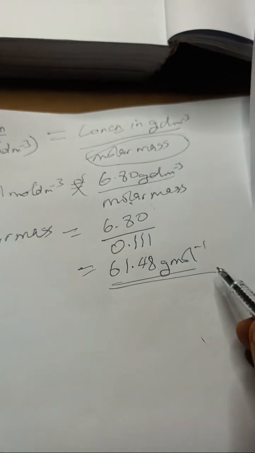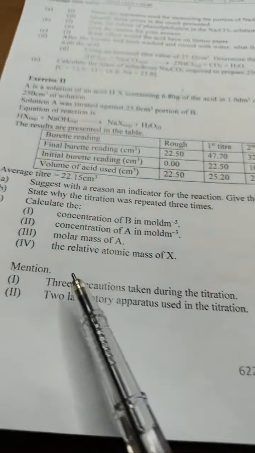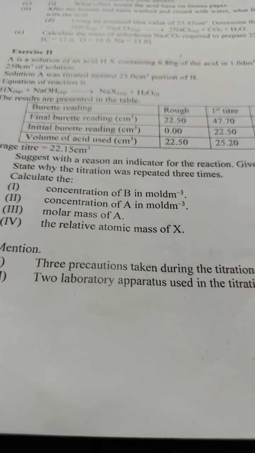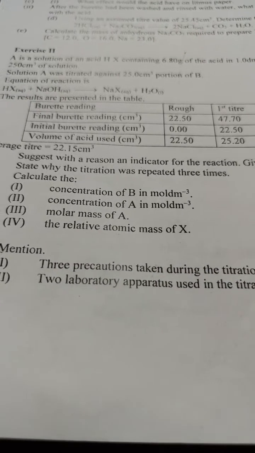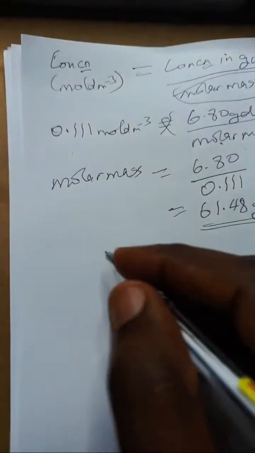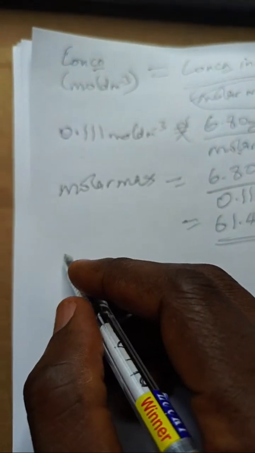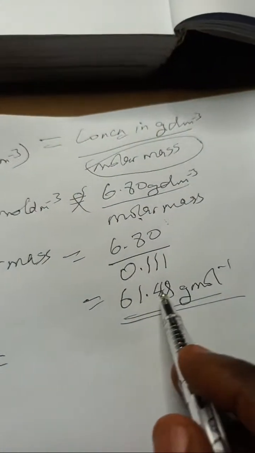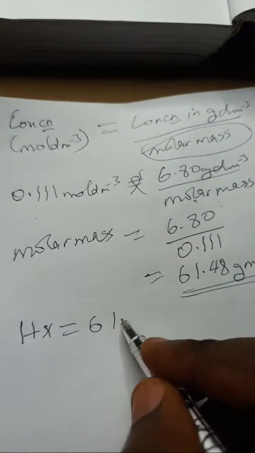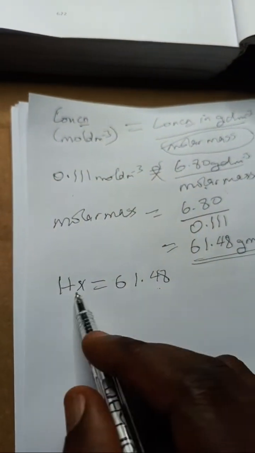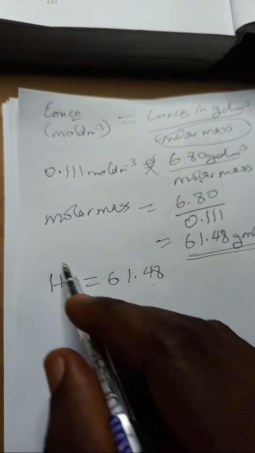So they ask us what's the relative atomic mass of X. How do we get that? It's not hard at all. They gave us HX, so we know that our HX will be equal to 61.48, which is the molar mass of this compound.